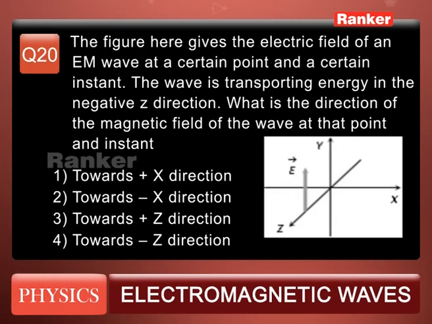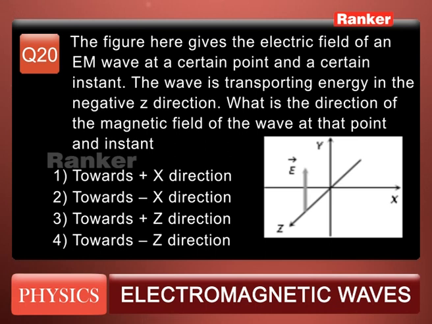Question number 20. The figure here gives the electric field of an electromagnetic wave at a certain point and a certain instant. The wave is transporting energy in the negative z direction. What is the direction of the magnetic field of the wave at that point?